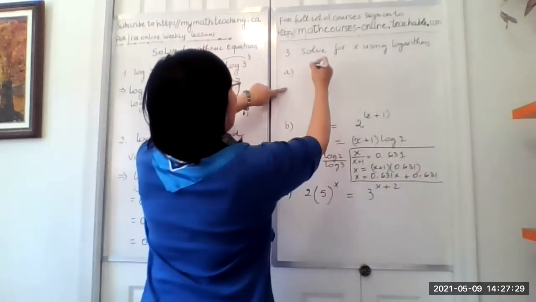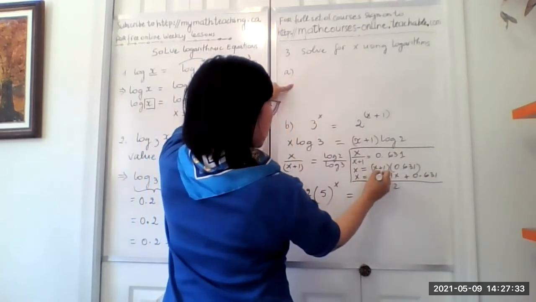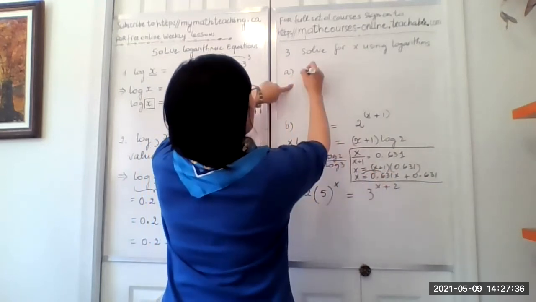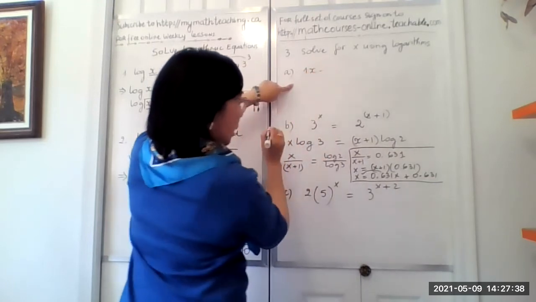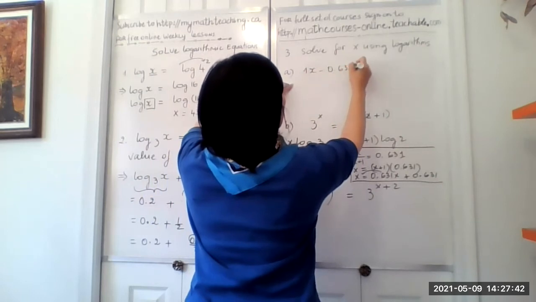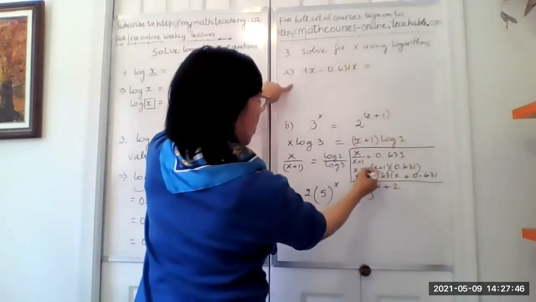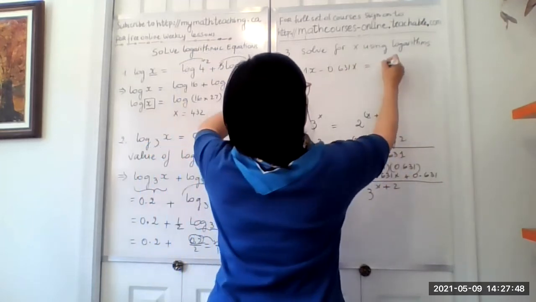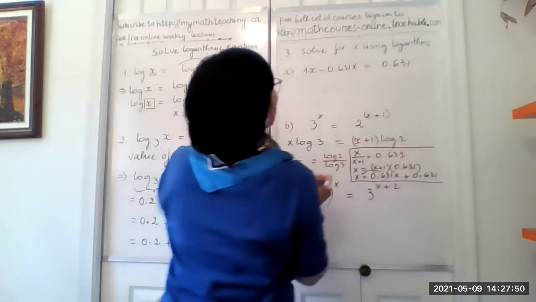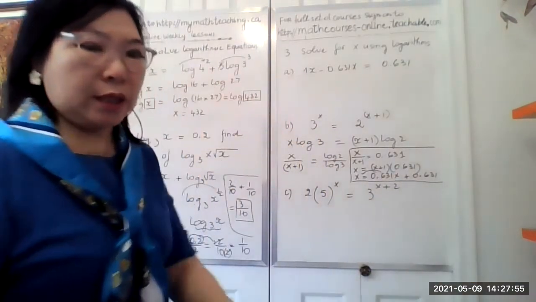So now we have, I'm going to move this over here, right? So 1x minus 0.631x equal, move this over, so minus that equals 0.631. Now 1x minus 0.631x.